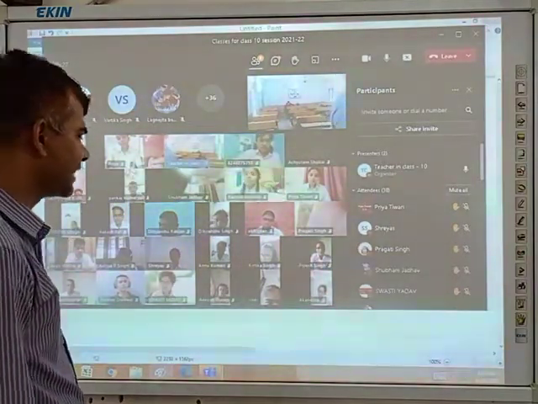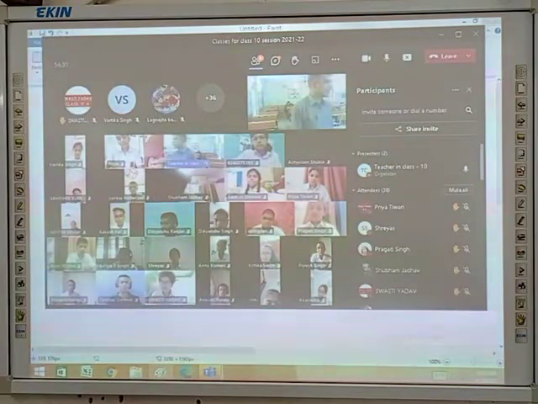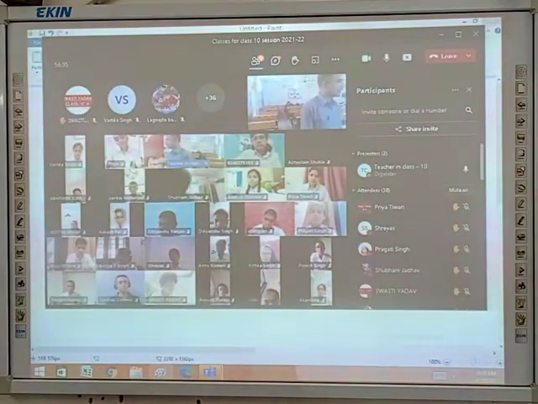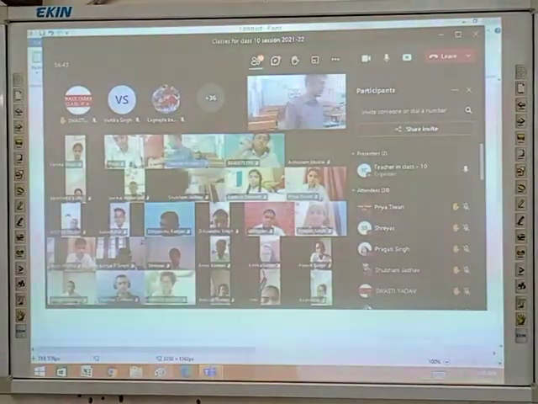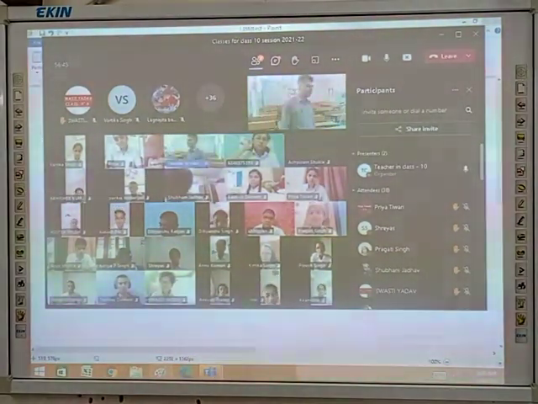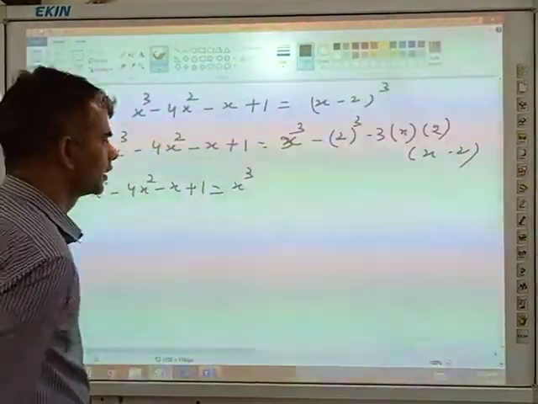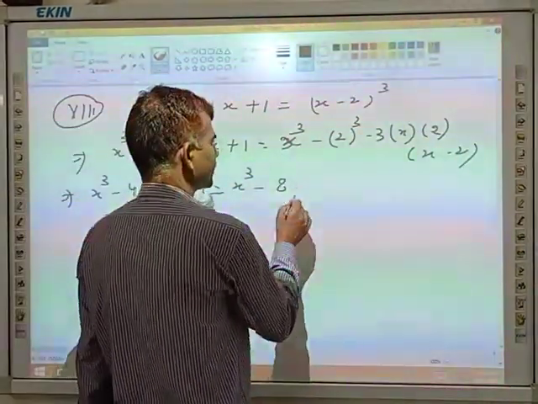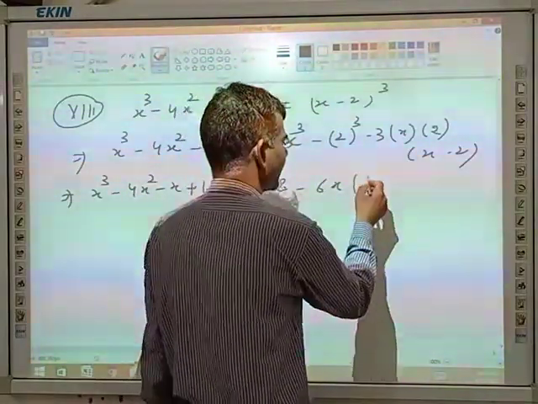You are studying in 10th standard. Rinki, what are you thinking? Cube of 2 is 8. Adjust your camera and sit properly. Cube of 2 is 8, minus 3 times 2, that is 6x, times (x - 2).